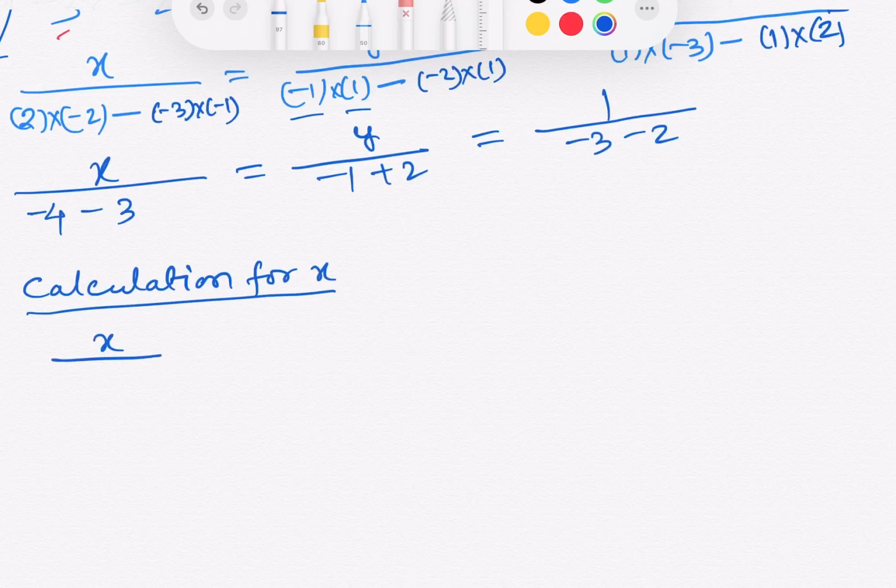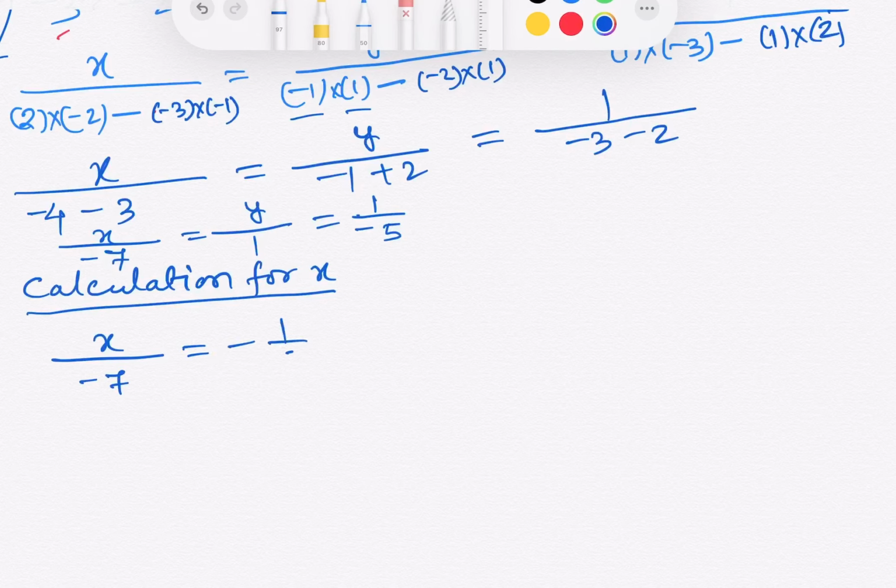So now x divided by minus 4 minus 3, which is minus 7, is equals to y divided by minus 1 plus 2, which is also plus 1, and the constant portion is minus 3 minus 2, which is 1 by minus 5. So now after that, x by minus 7 is equals to the constant portion, which is minus 1 by 5.